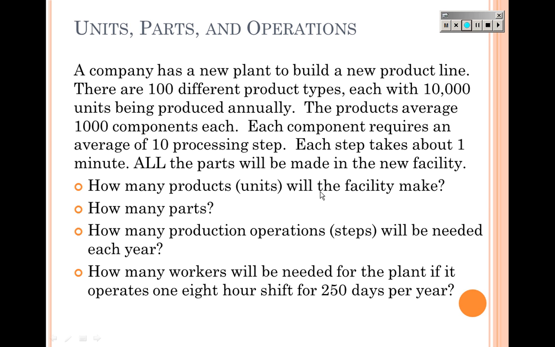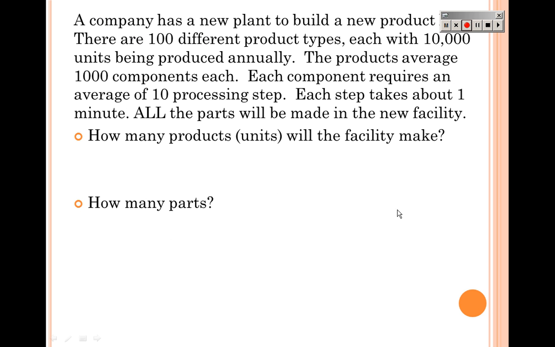So how many products or units will the facility make? They're going to make 100 product types, and each one's going to have 10,000 units.